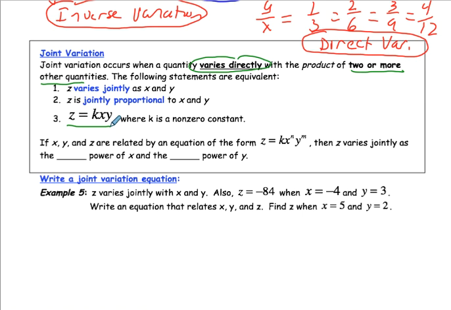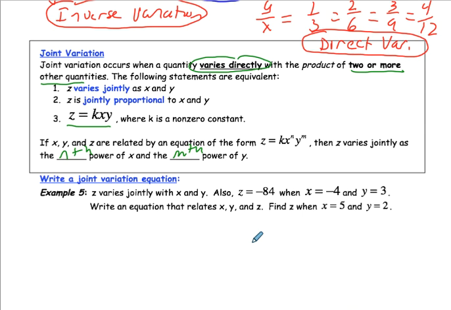So if x, y, and z are related by the equation of the form z equals k times x to the n times y to the m, then z varies jointly as the nth power of x and the mth power of y. Let's try an example. So we're going to write the model and then use the model.